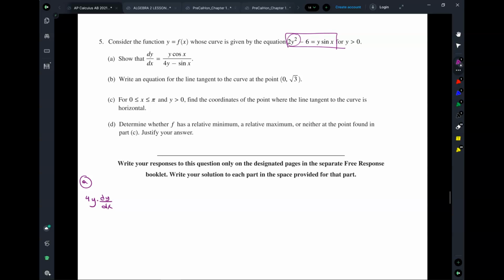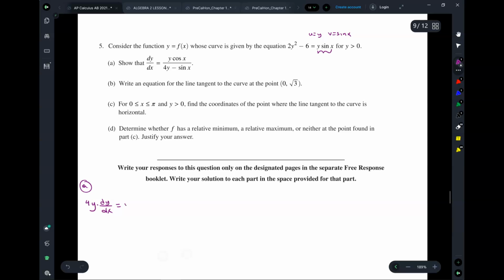The derivative of minus 6 is 0 equals, now here I have a product rule happening, right? So u is y, v is sine x. So u v prime, so y cosine x plus u prime dy dx v.